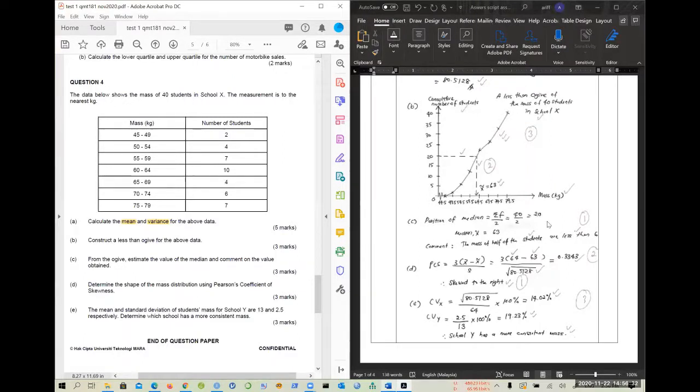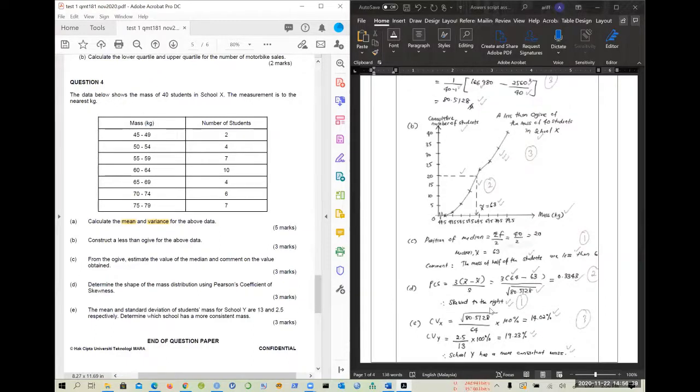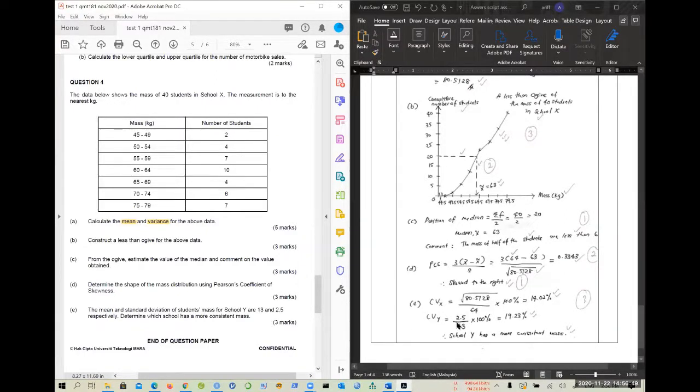So in order to use it in the coefficient of variation, you need to take the square root of the variance. Calculate this, and you get the coefficient of variation for school X equal to 14.02, while the coefficient of variation for school Y is 19.23. So in order to find the more consistent distribution, you need to look at the lower CV value.